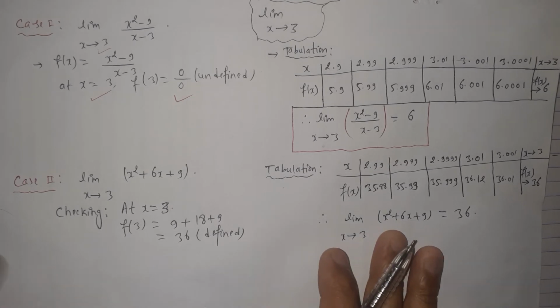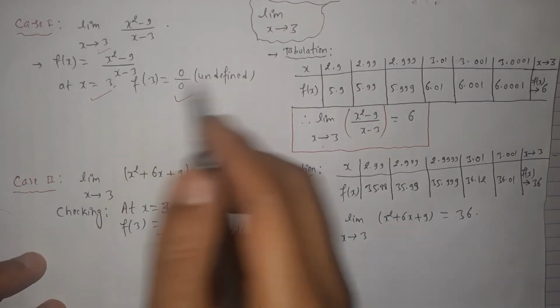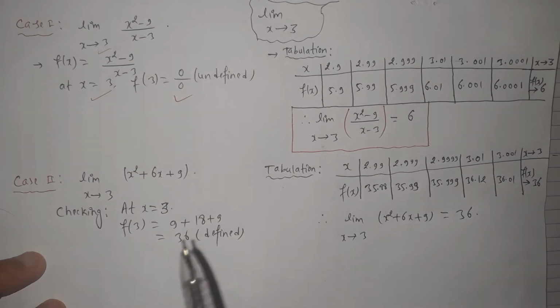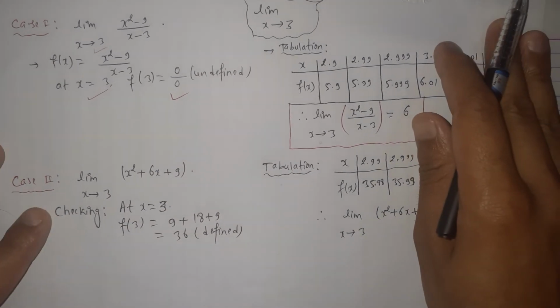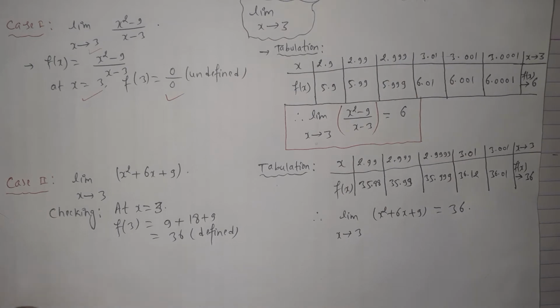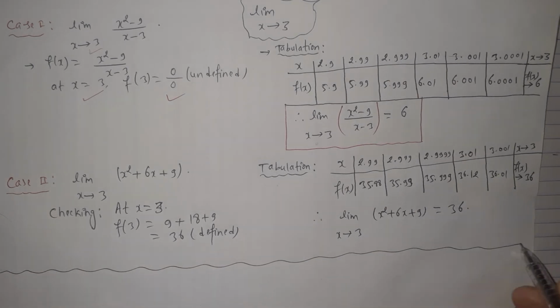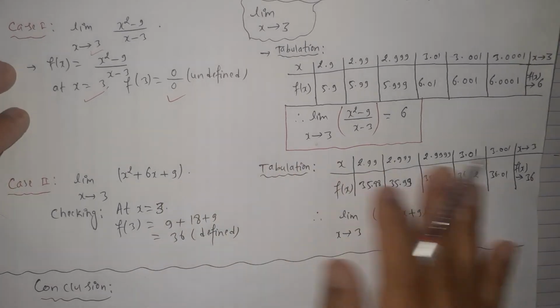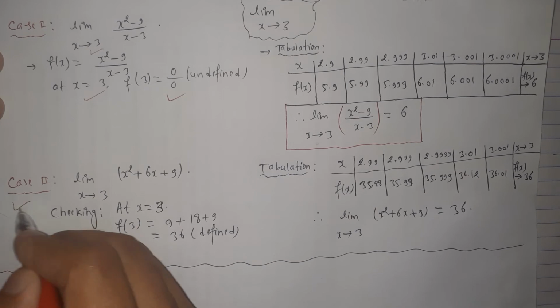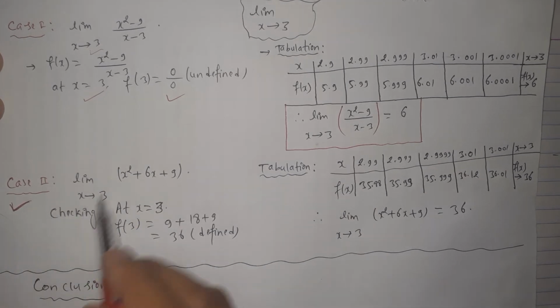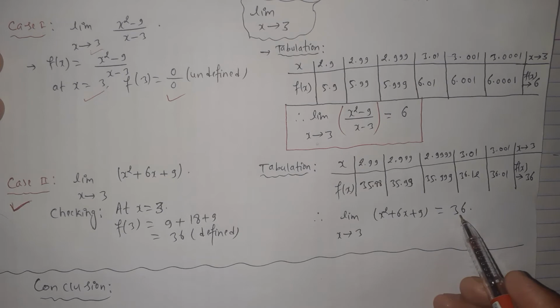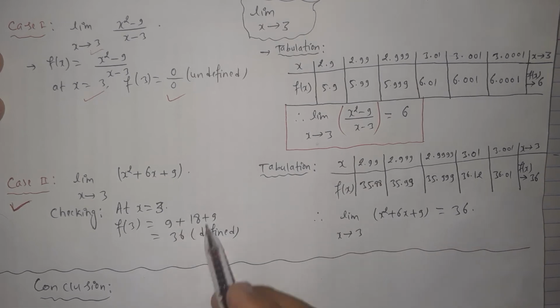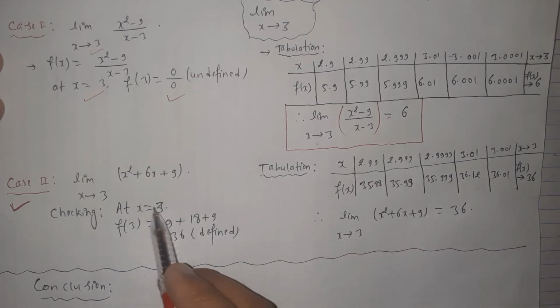These are the two cases. One case is the function undefined, and the other case is the function defined at the point to which the limit is going to be calculated. Let's conclude this whole process. Conclusion. Here we can easily observe that in the second case the limiting value is calculated as 36, and 36 is the direct value when we plug in the point.